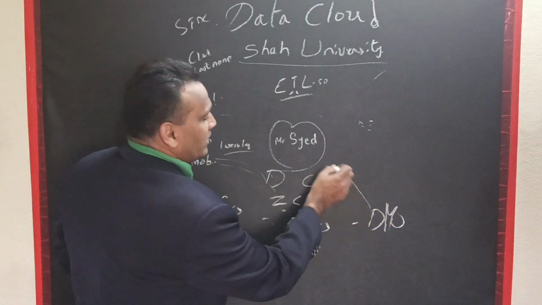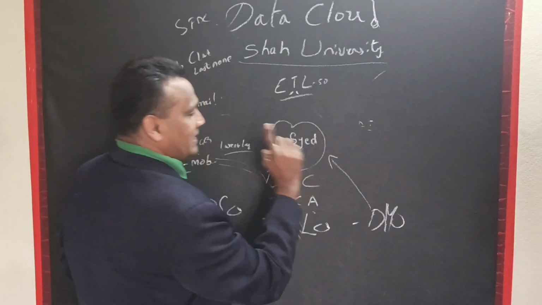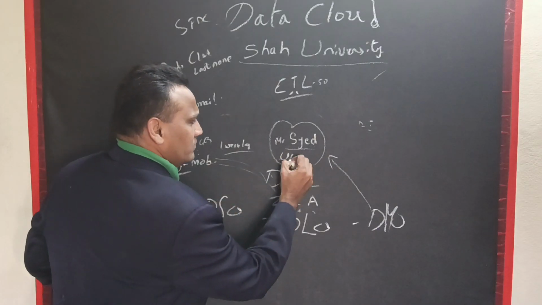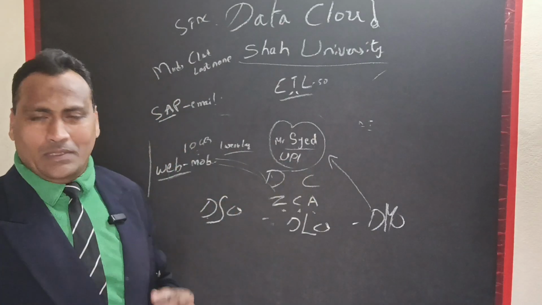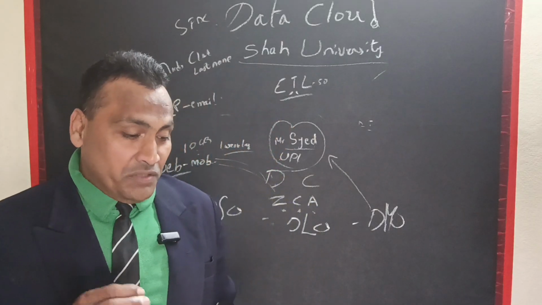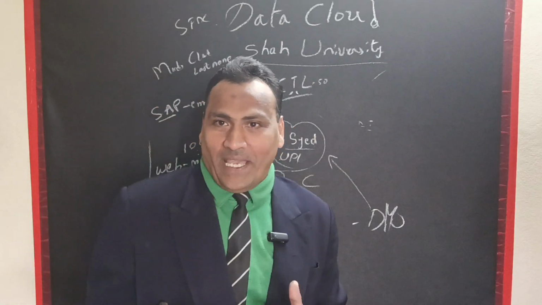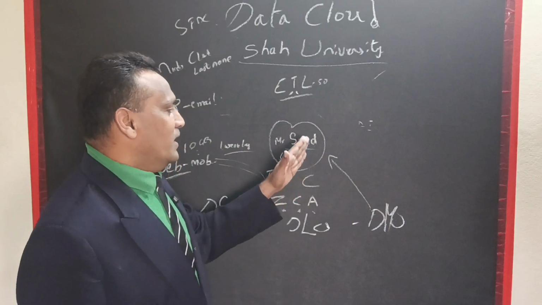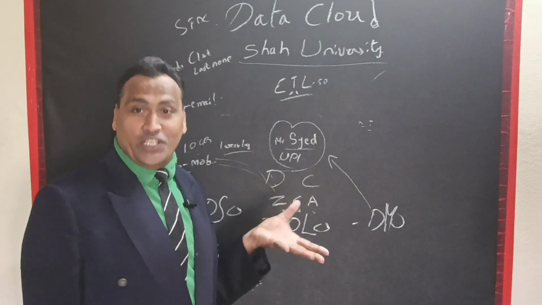This data model object is talking about a single customer, Mr. Sayer, right? Like Mr. Modi, the Prime Minister of India, who introduced the Unified Payments Interface, UPI. So here also is the unifiedness of a customer, the customer 360 degree angle, right?